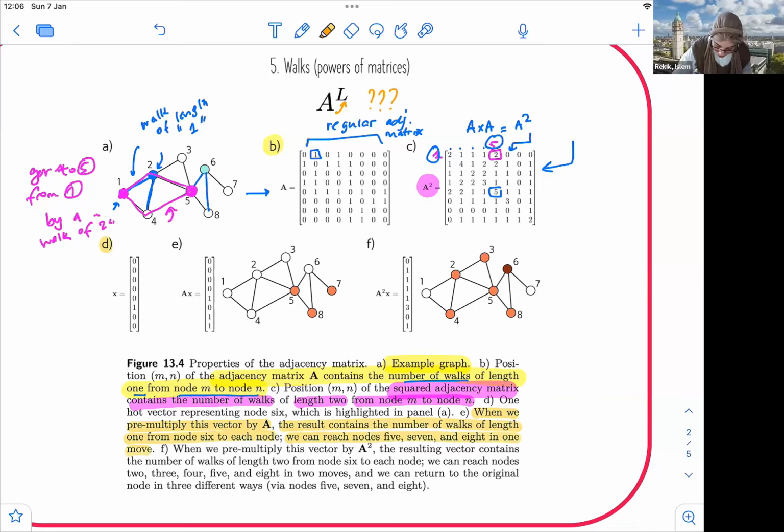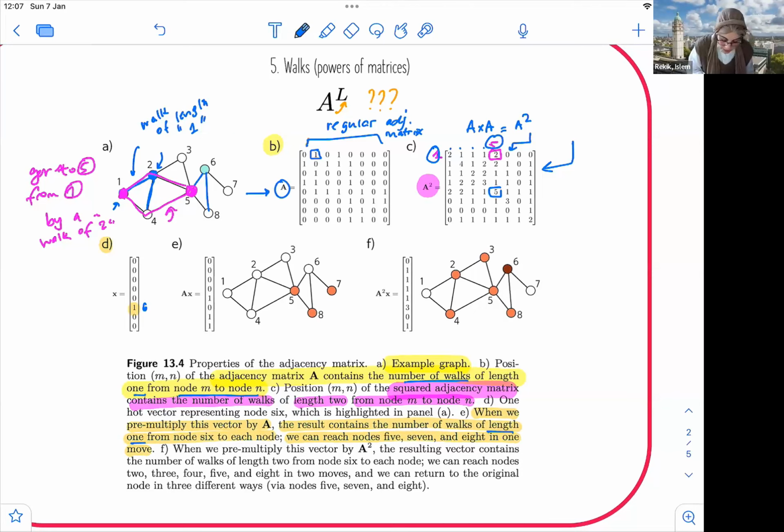So this gives us the connectivity of node 6. Here we are interested in node 6, and we're multiplying it by A, which means we're interested in walks of length 1.